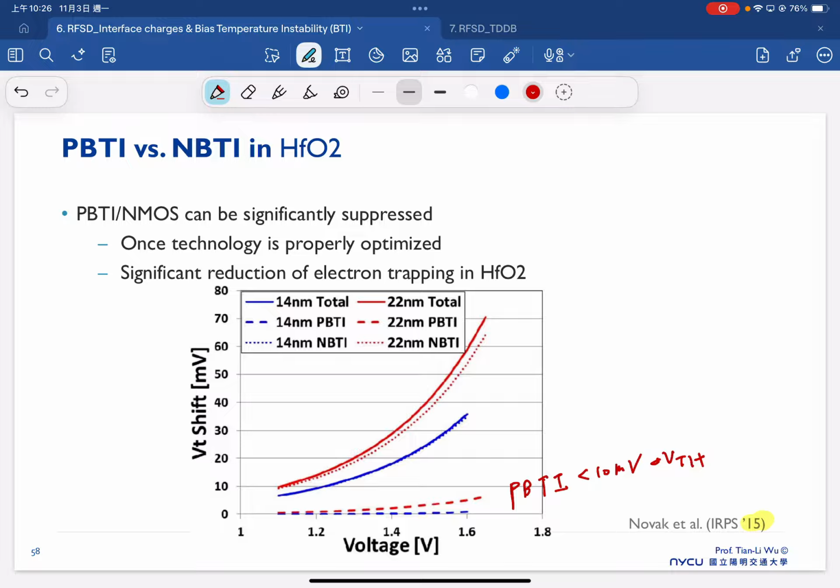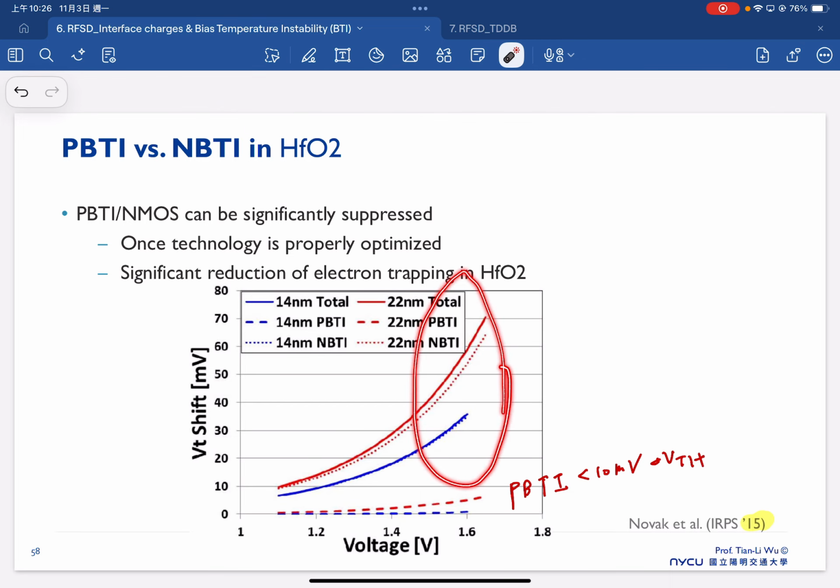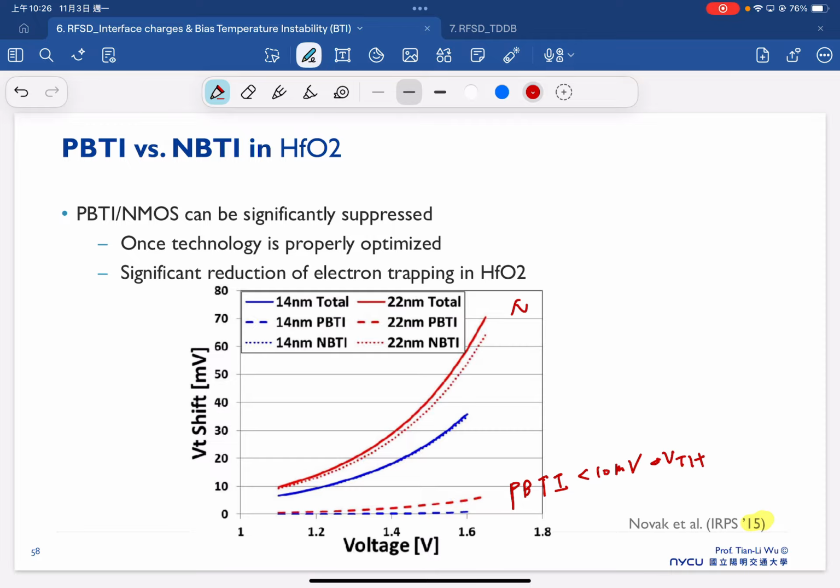But still, we see there's a huge issue for NBTI. NBTI still remains a concern.